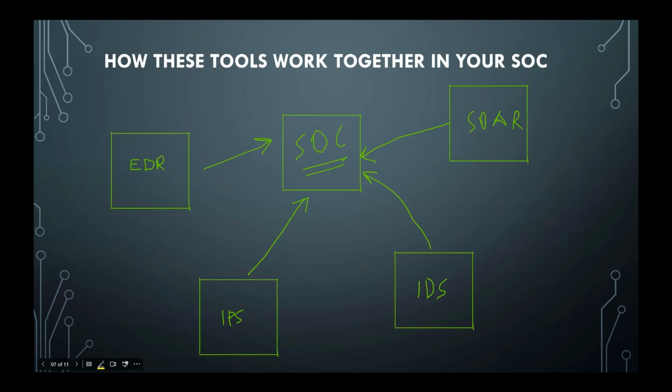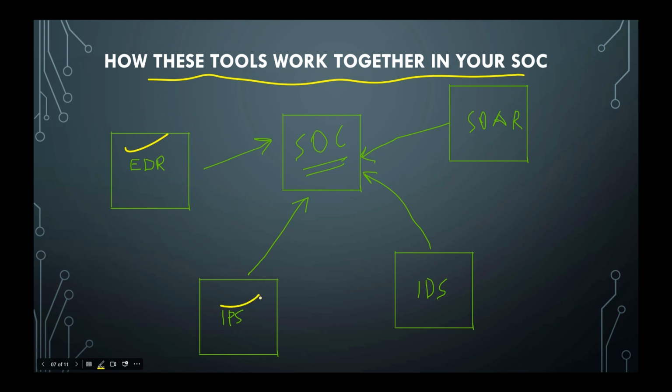All right. So next one we have how these tools work together in your SOC. Now you might be thinking, okay, cool, but how do all these tools actually fit together in real SOC life? So here is the magic. EDR gives you visibility into what is happening on endpoints, laptops, desktops, servers, so you can catch suspicious behavior right at the source.